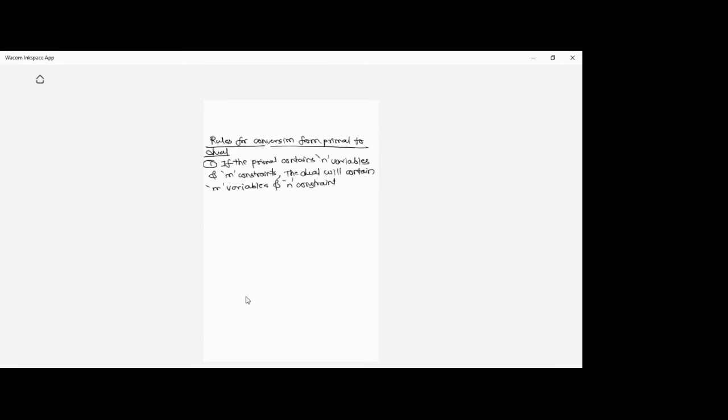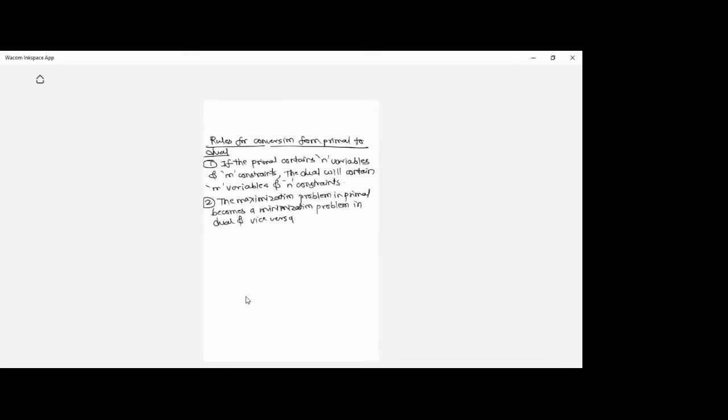Second, the maximization problem in primal becomes a minimization problem in dual and vice versa.